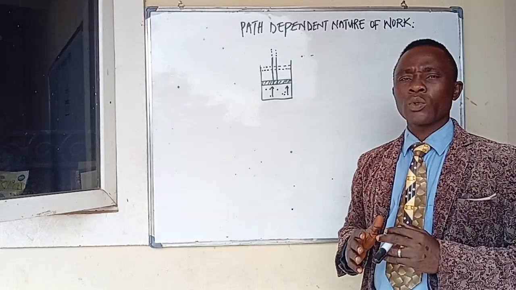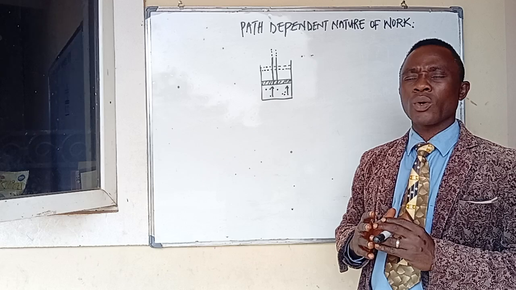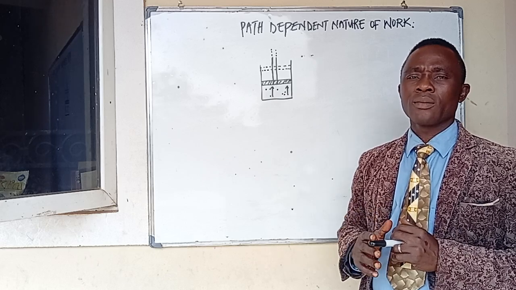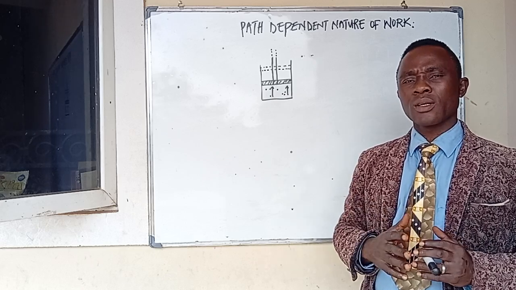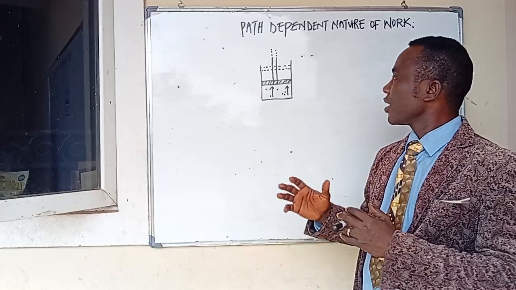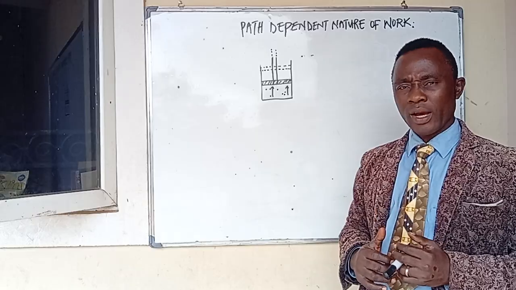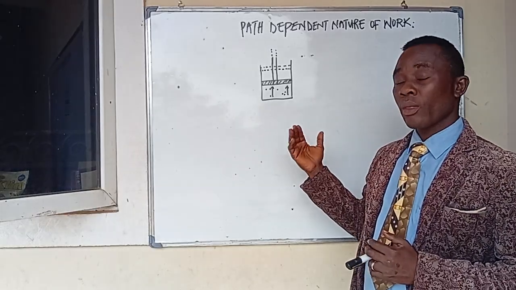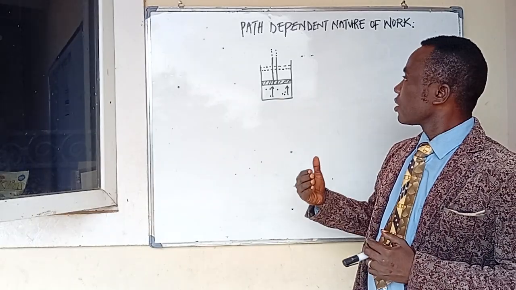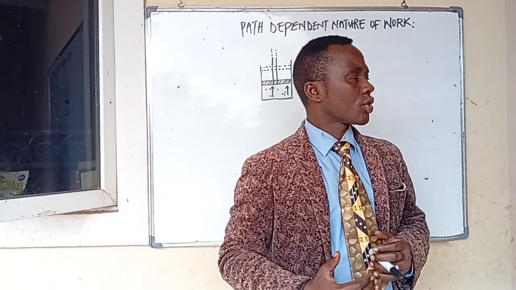Path functions are those thermodynamics functions that their value depends on the path taken, so their value changes as the path taken changes. Examples of path functions are heat and work. In this class today, I want to prove to you that work is a path function.